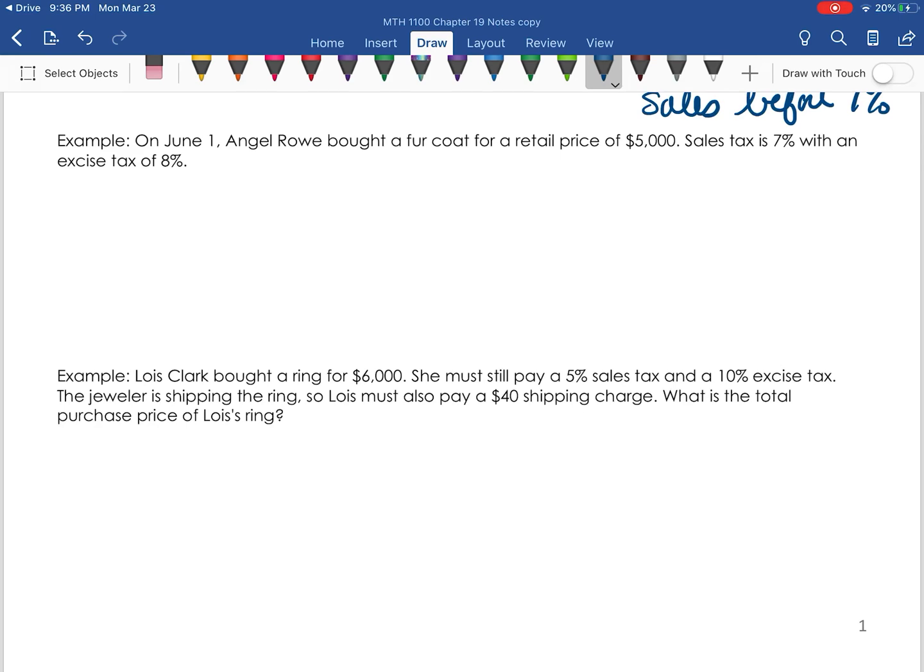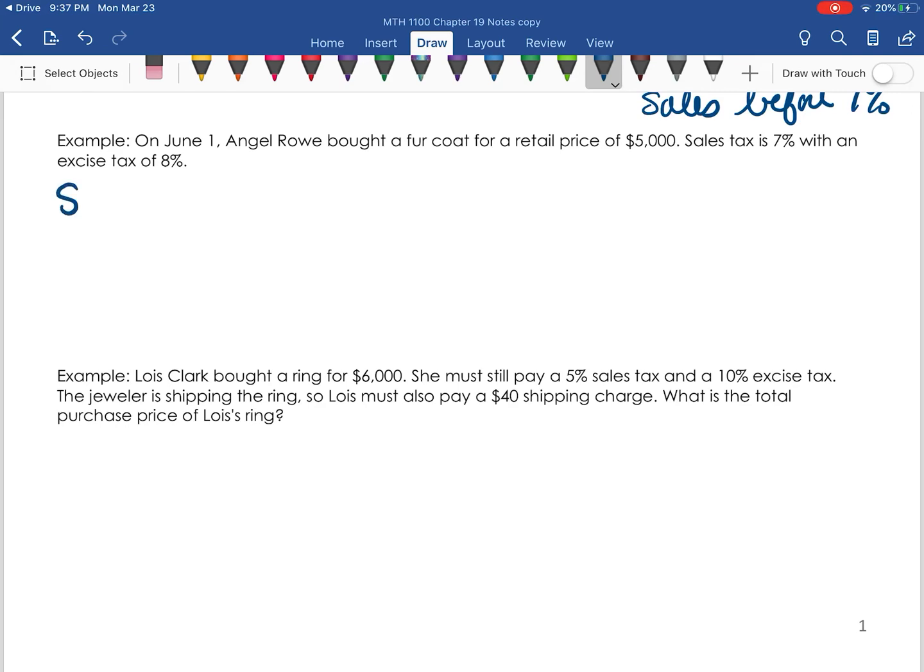It says on June 1st, Angel Rowe bought a fur coat for a retail price of $5,000. The sales tax was 7% and there's an excise tax of 8%. So here's an example of a luxurious item. It's a non-necessity and there's an excise tax on it. We're going to take a 7% sales tax and an 8% excise tax and add that in and see what the total is.